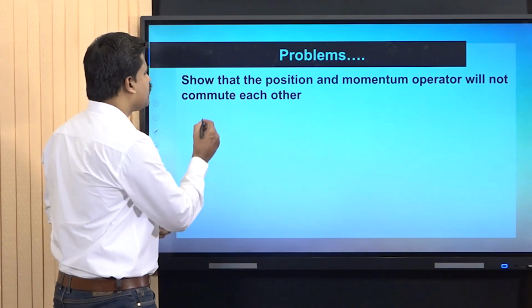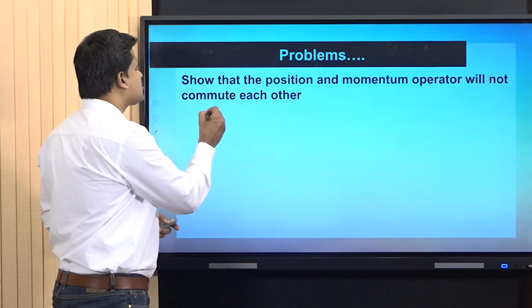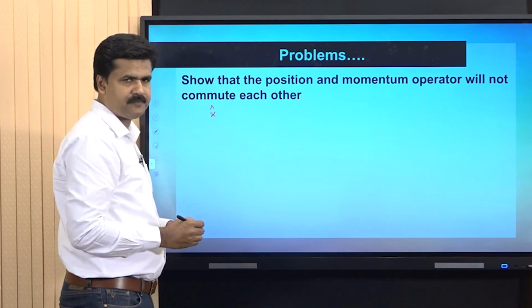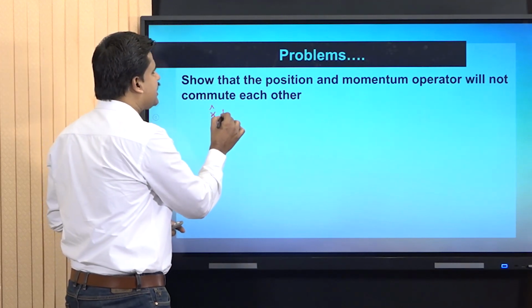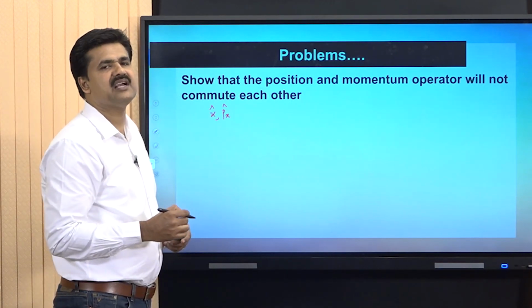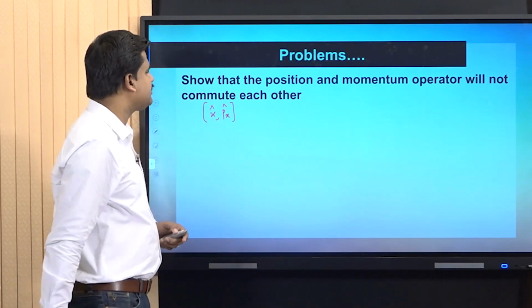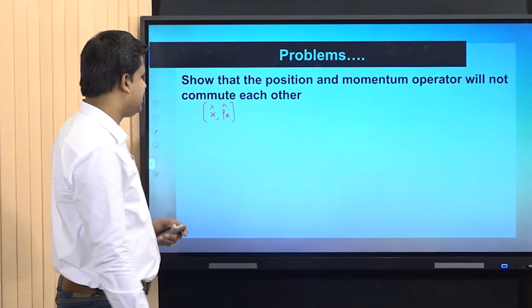Then what is the position operator? If the body is moving along x-axis, the position operator can be marked as x hat and the momentum operator can be marked as px hat. The body is moving along x direction, so we have to evaluate the commutator x hat, px hat.